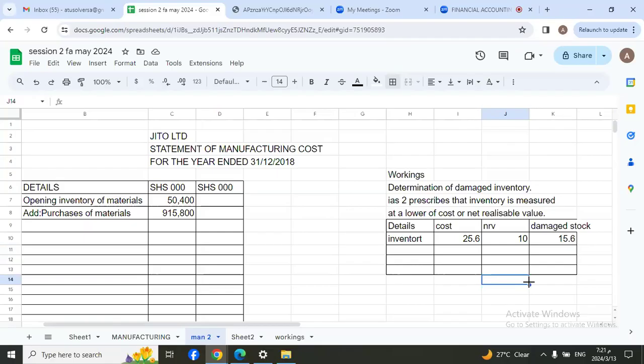Yes? Yes, sir. So what are we going to do? You remember what I told you under inventory. How am I going to account for this? So my 15.6, let me write it here.